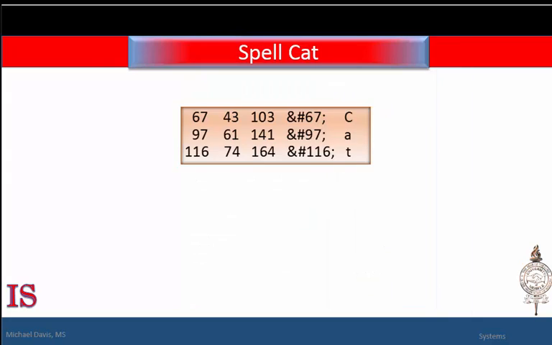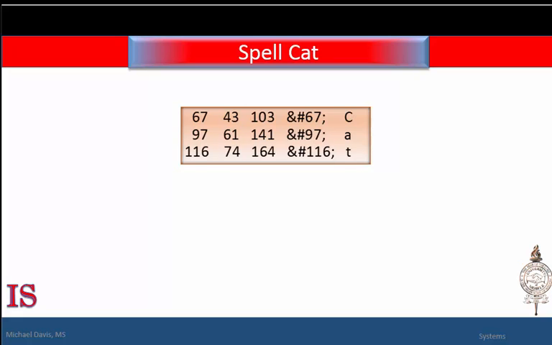Let's examine this some more. If we were to type the word cat with an uppercase C, what would the computer be sending between its various components to represent that word? Here you see an excerpt from the ASCII table where we've plucked out the 67, 97, and 116. We already know that the computer uses binary, not decimal. So for that character to be sent, the 67 would have to be converted to binary.